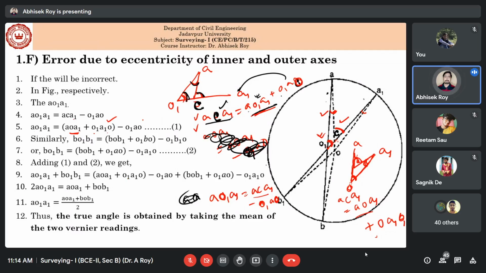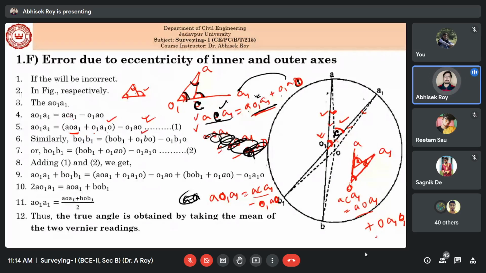So this is the equation you are getting. If you are not able to understand, just go through the steps. Only one step is there, that is the external angle will be the summation of the opposite interior angles. This equals this plus this. Only this has been applied in these two triangles. Just go by this, you can easily see how this equation is coming.